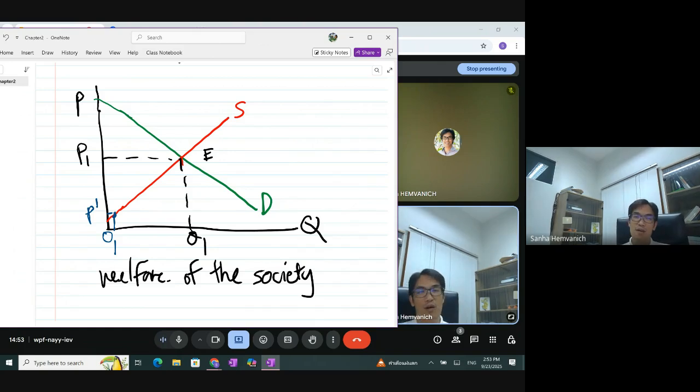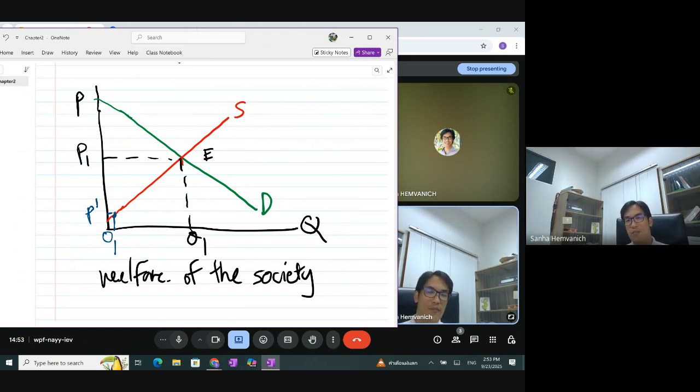But obviously, for the producer to ask for the price, it needs to be at least equal to the cost of the producer. You don't want to sell something lower than the cost you have to spend to produce a good.